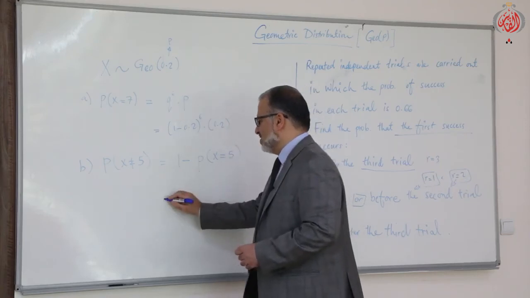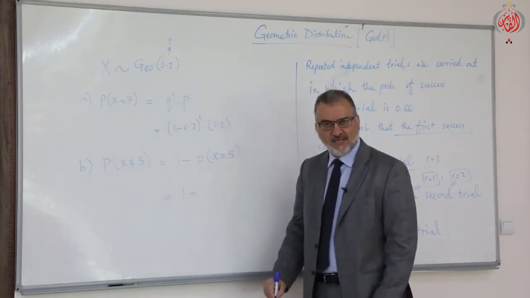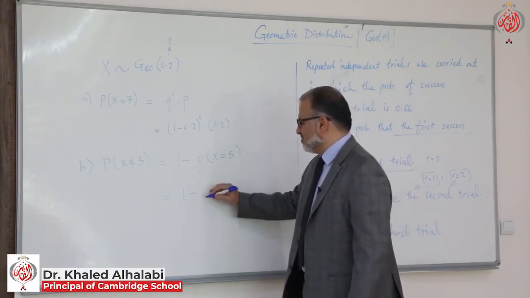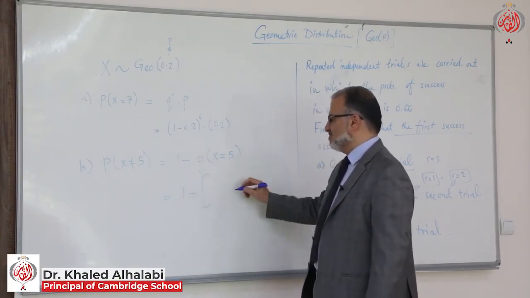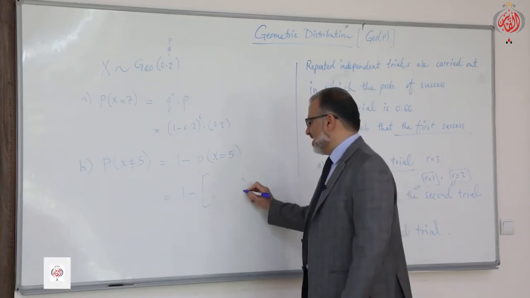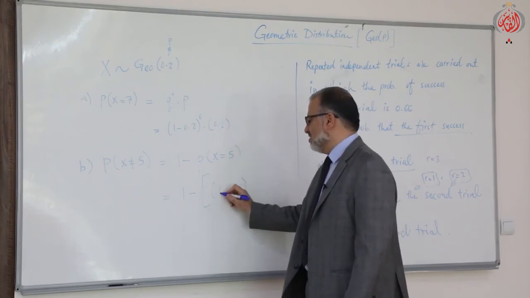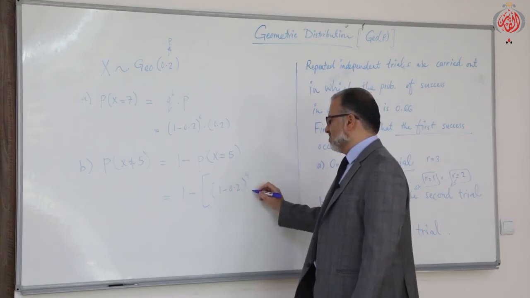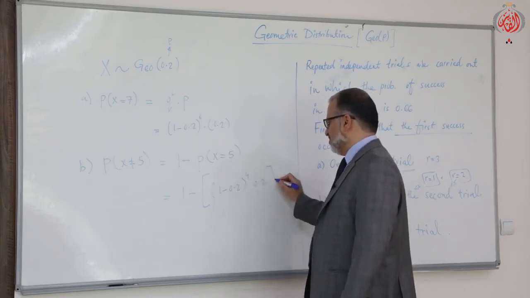Exactly. So it is 1 minus the probability of x equals 5, which will be q to the power of 4. So 1 minus, in brackets, 0.8 to the power of 4 times 0.2.